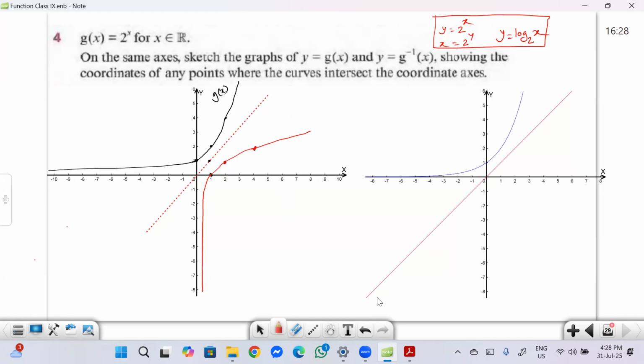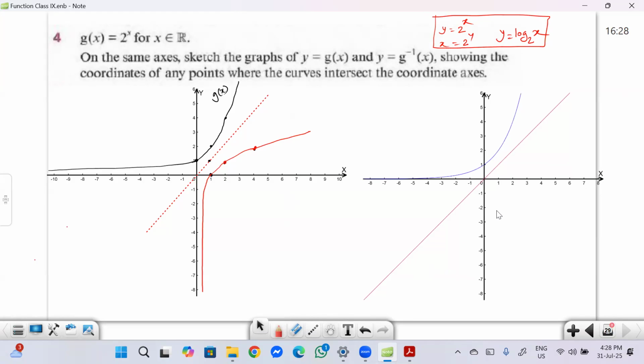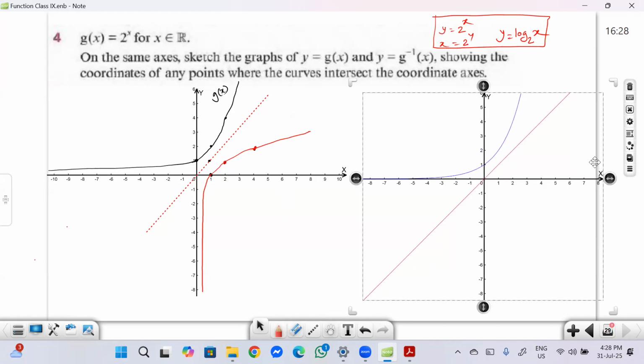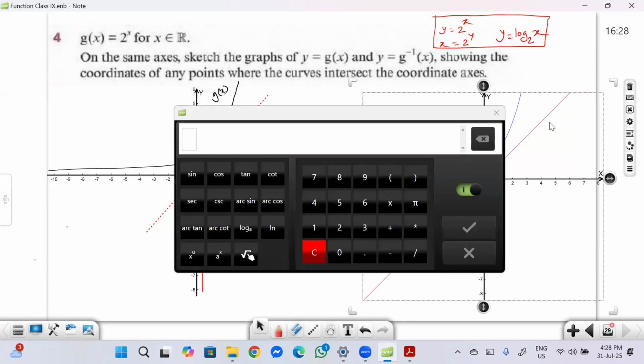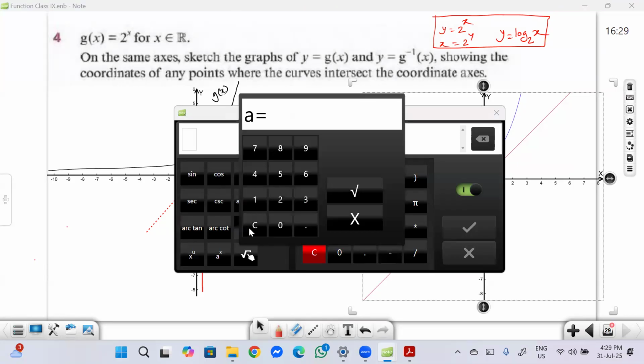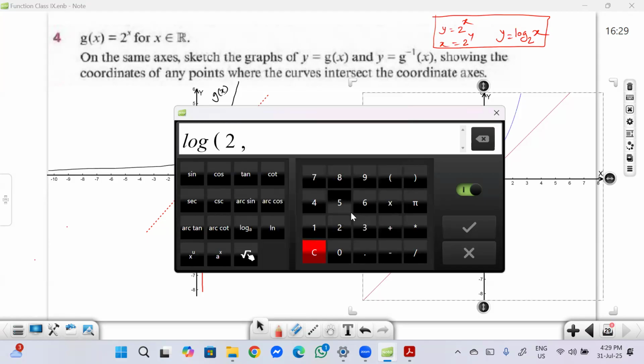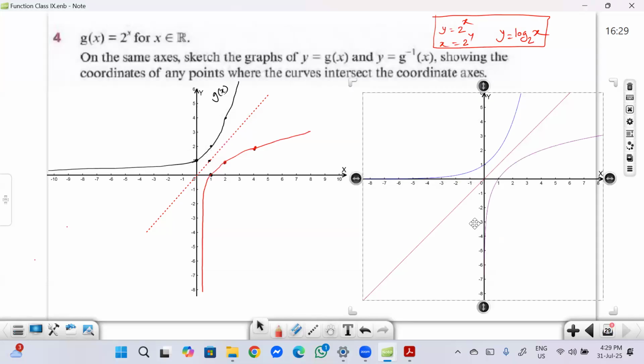Okay, so if we want to put it here, we need to look for whether we can change the base here or not. If not, then there is log a, a is 2, and then let's say put x here. I can see inverse.